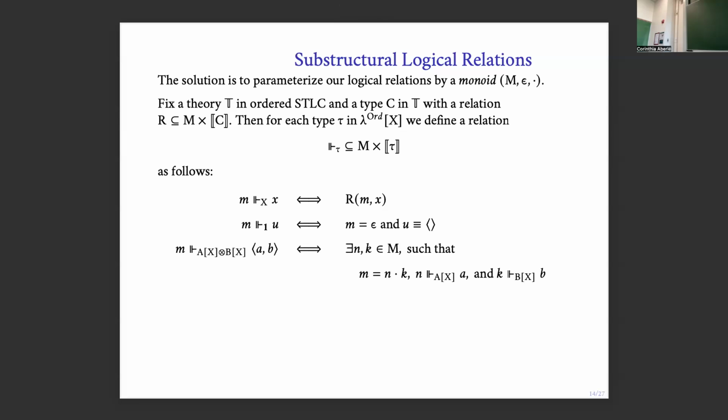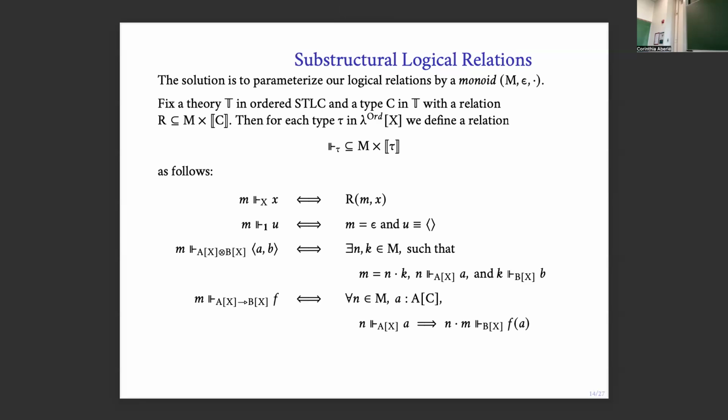For an element of the tensor product, which are still represented as pairs in ordered or linear lambda calculus, we say that M is related to the pair consisting of A and B if and only if there exist some N and K such that M splits into N times K with the monoid multiplication, such that N is related to A at the predicate for A, and K is related to B at the predicate for B.